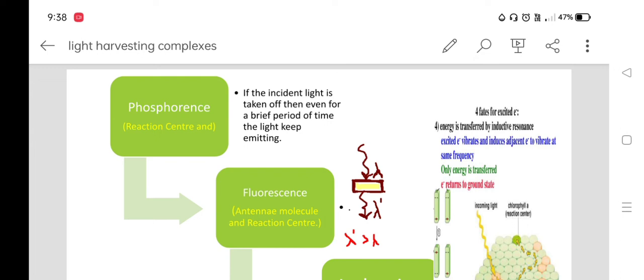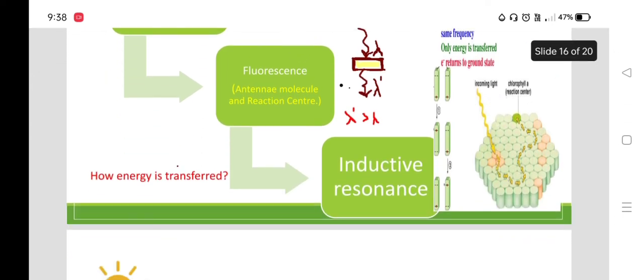Simple chemistry behind this. Then fluorescence. So what happens in case of fluorescence? This fluorescence happens in between the antenna molecule and the reaction center.